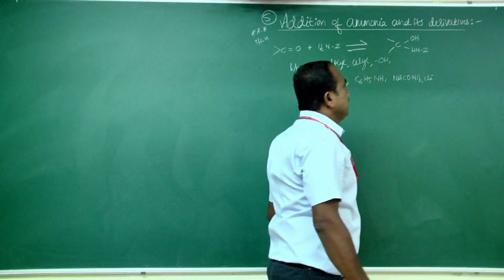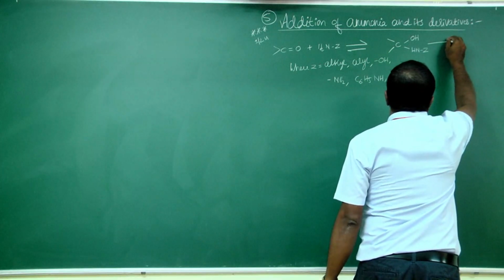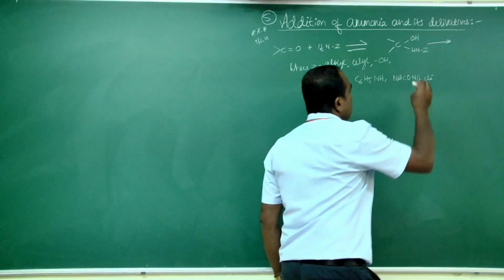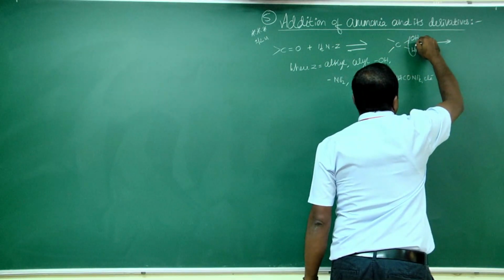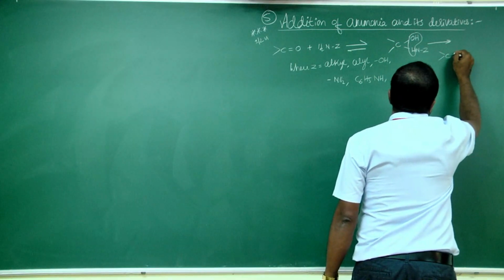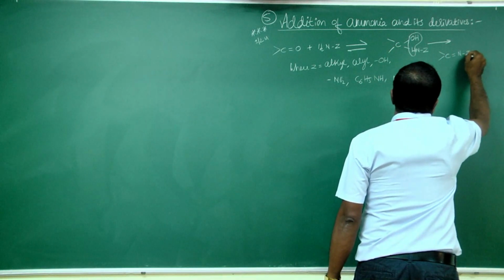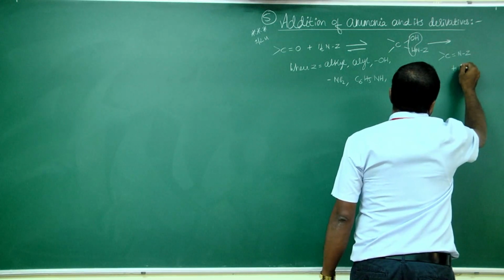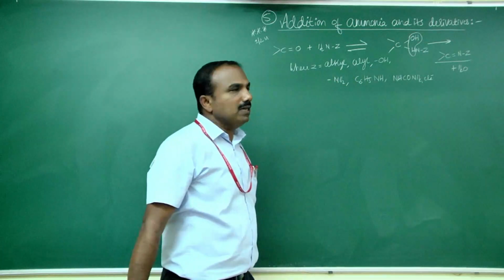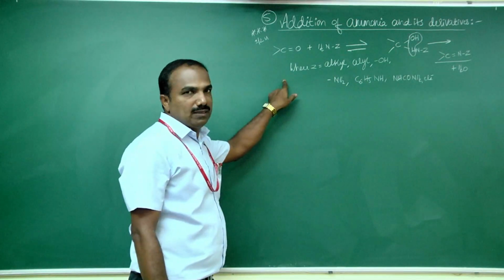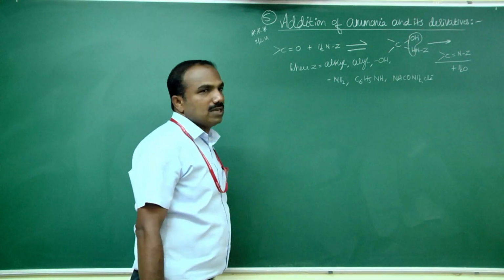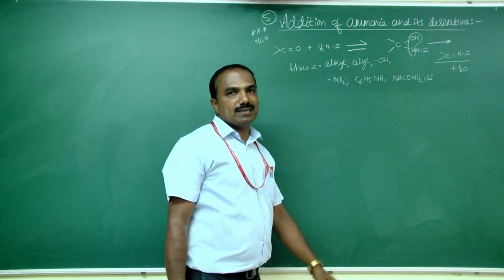And finally, dehydration takes place, that is removal of water, to form the product. That product is C double bond N connected to Z plus H2O. So this is the final product formula. Based on this reaction, we are going to explain some of the reactions of ammonia and its derivatives.